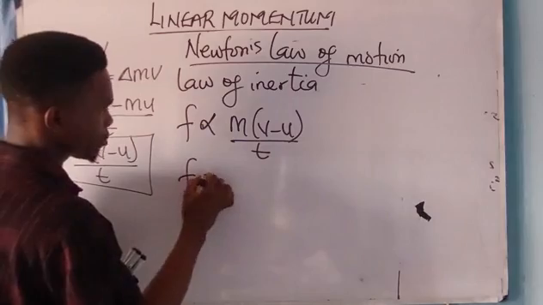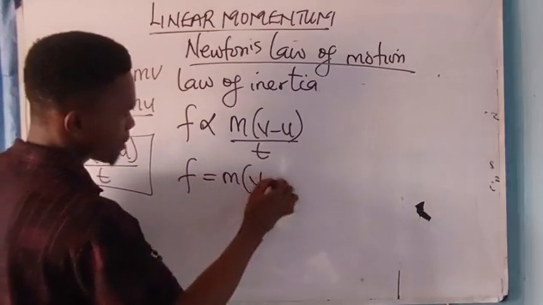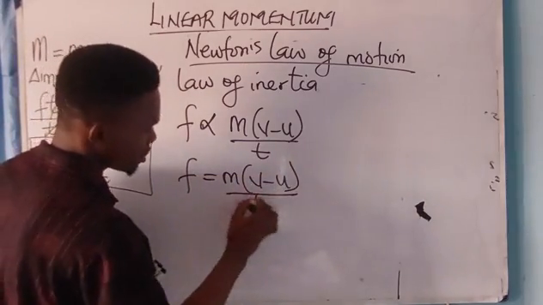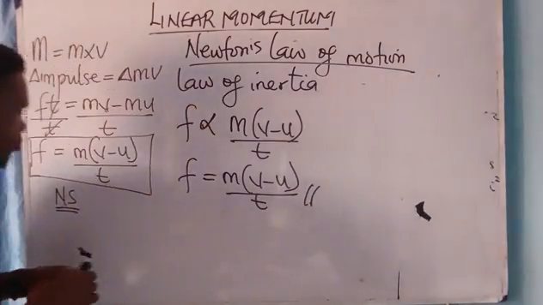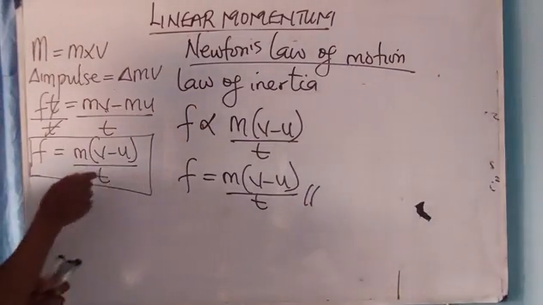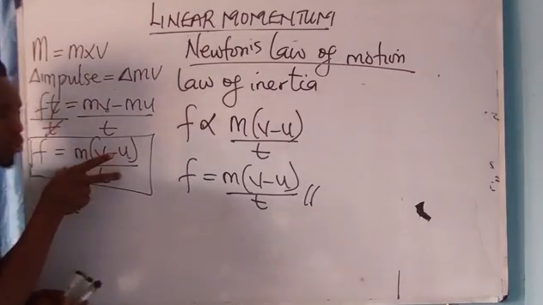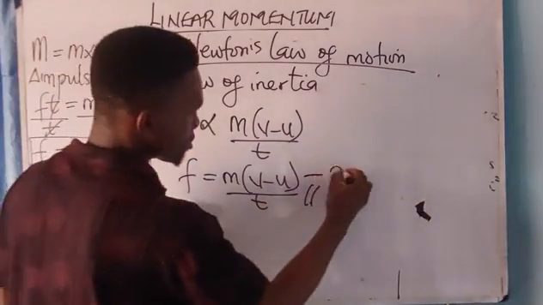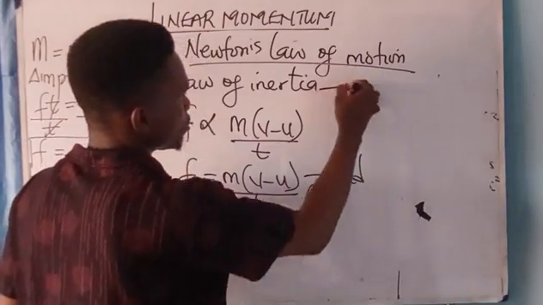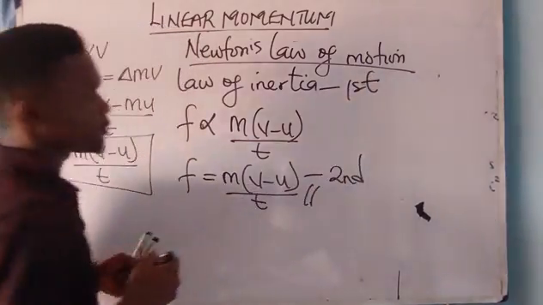So F equals m open bracket v minus u over t, which means that this formula I deduced initially is from Newton's second law of motion. But this one is the first law of motion.